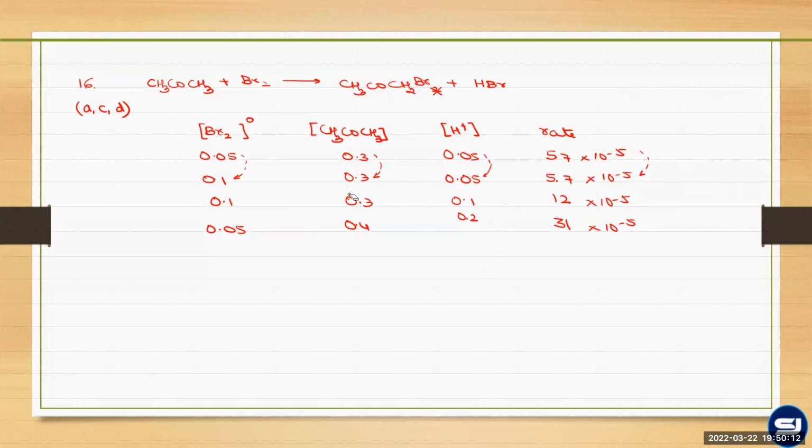H plus का. हाँ, अभी H plus का ढूंढने के लिए you can take second and third data because in that second and third data both are remaining constant. So keeping the bromine constant, acetone constant, H plus is getting doubled.